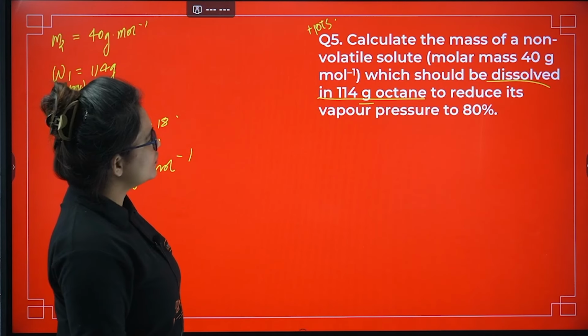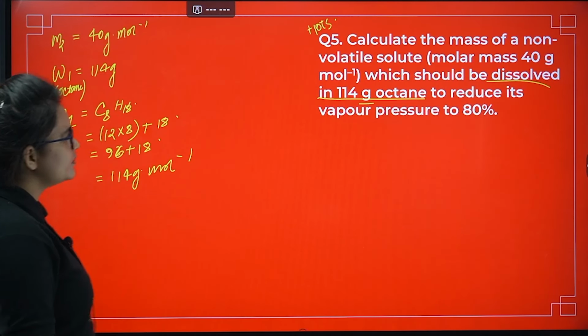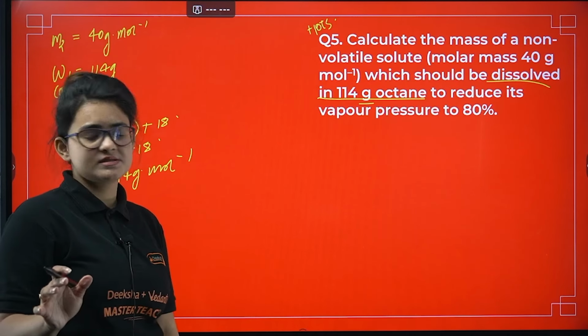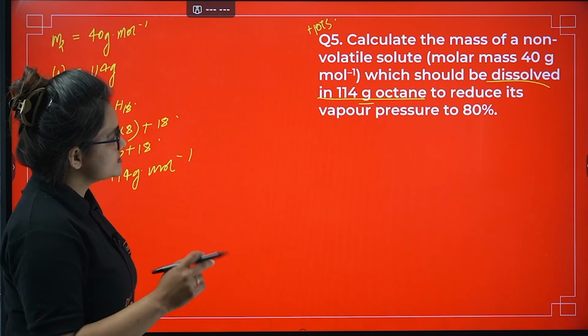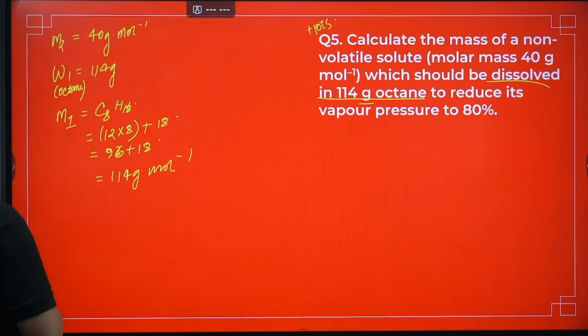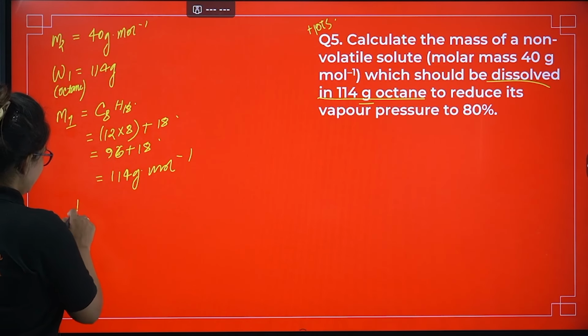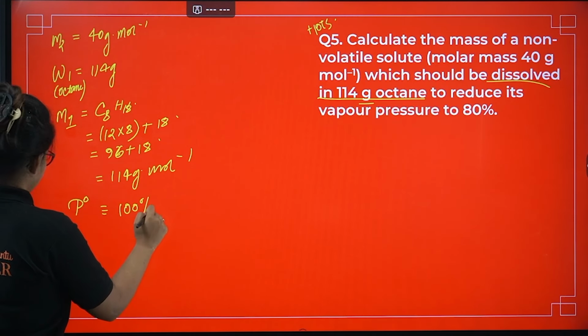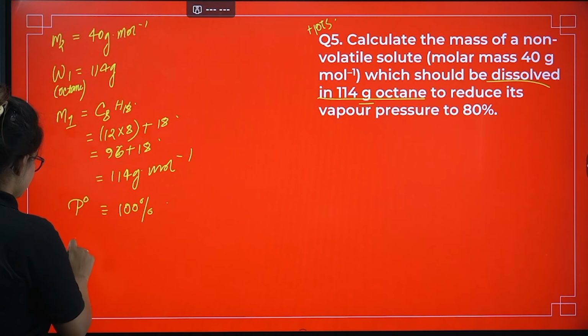Now the vapor pressure of the pure solvent is going to be 100%. Whenever the solute is dissolved, the vapor pressure is reduced to 80%. So P naught is basically 100%, and P is the reduced pressure.